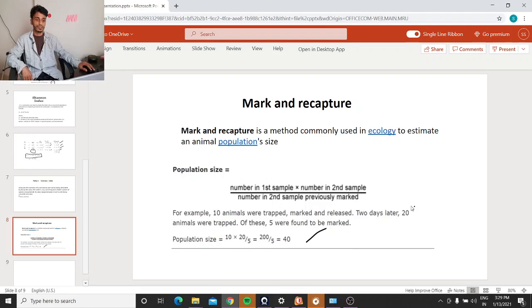We have caught 20 animals in the second trapping, and in those 20 animals 5 were found to be marked. So the population size would be 10, which is the first trapping, into 20 in case of the second trapping, divided by 5 found to be marked. After putting in this formula we will get 10 into 20 divided by 5, which is 40.